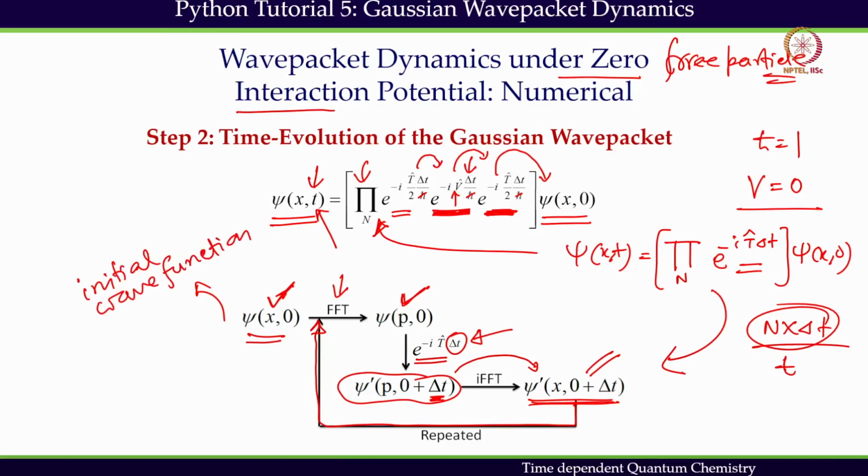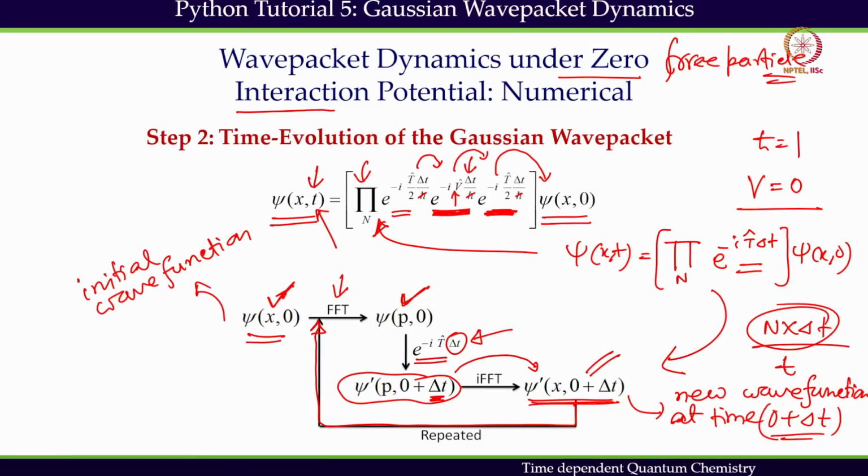And this one represents a new wave function at time 0 plus delta t. So, delta t time has been advanced for this wave function.